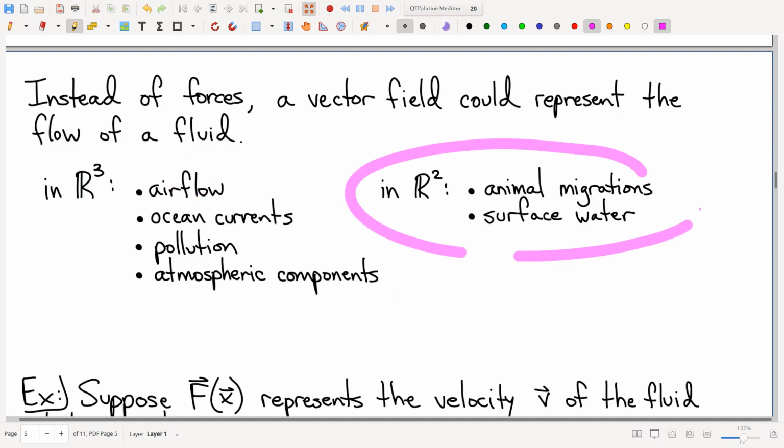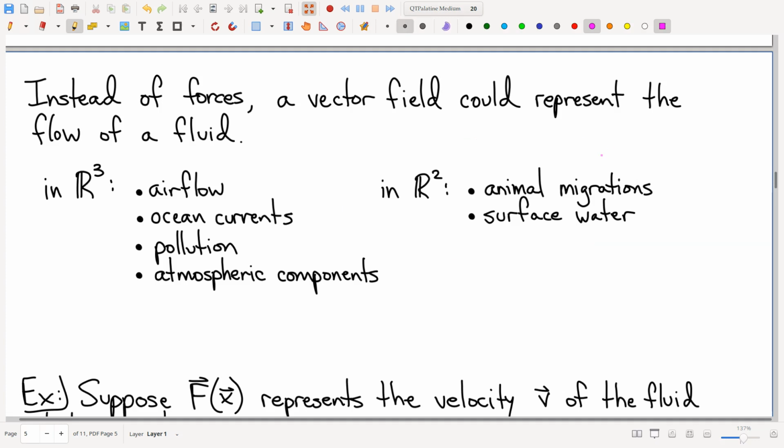But I'll point out that you can also talk about two-dimensional fluids, kind of. Surface water, of course, is an obvious example. But I kind of like this one, animal migrations. You can view that as a flow of a fluid. If you have a million wildebeests walking across the plain, that's kind of a flow of a fluid in a way. And a lot of people would counter, "Hey, whoa, no, come on.